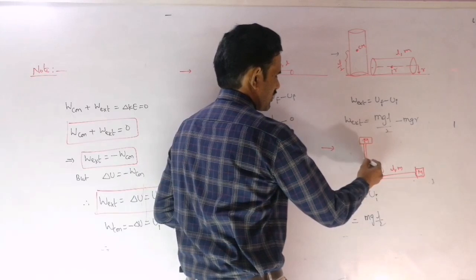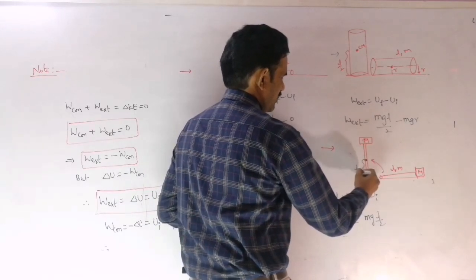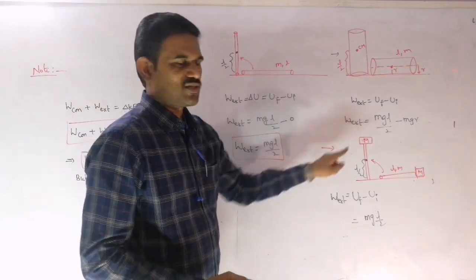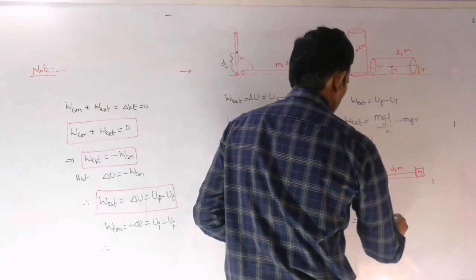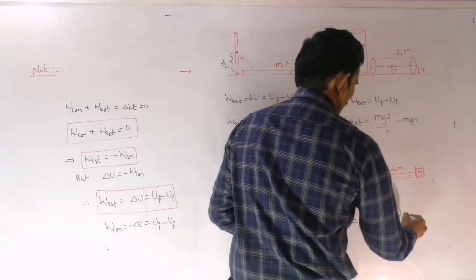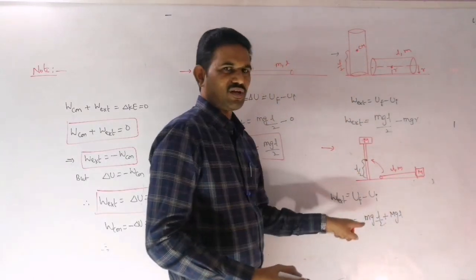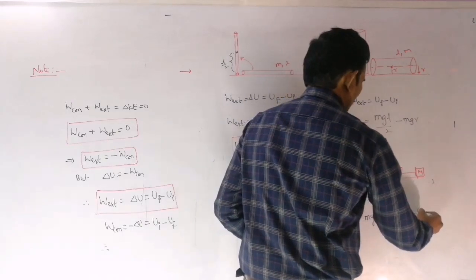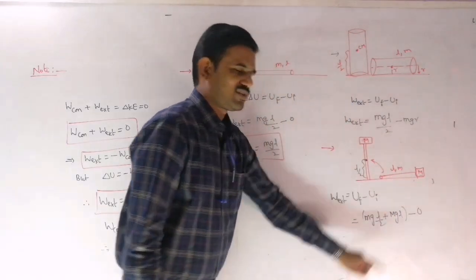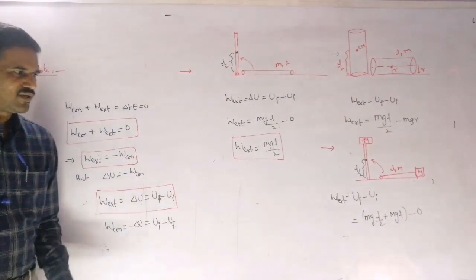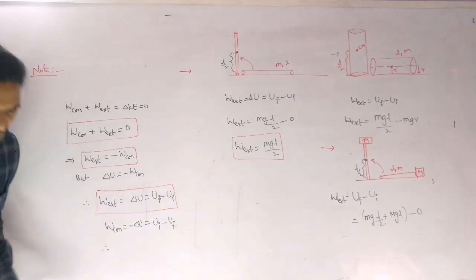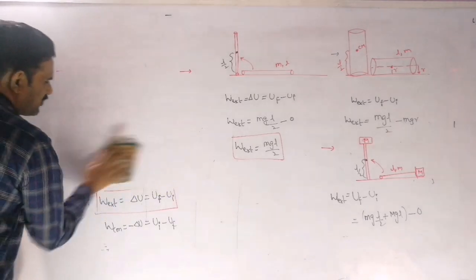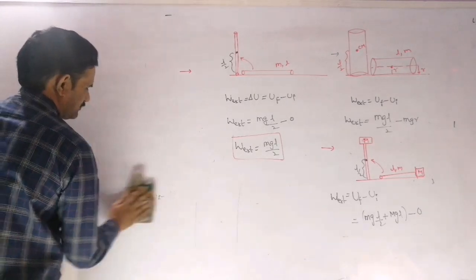For the block, the potential energy is MgL, since the block is at a height of L from our reference. The initial potential energy is 0. So the work done is the final potential energy. Like that you write the work done expressions, and based on this there will be a lot of problems related to chains.